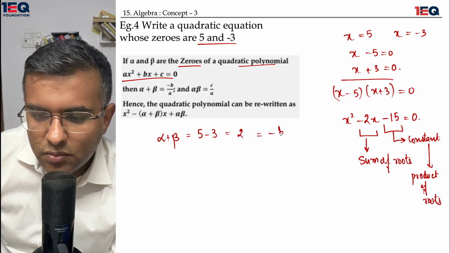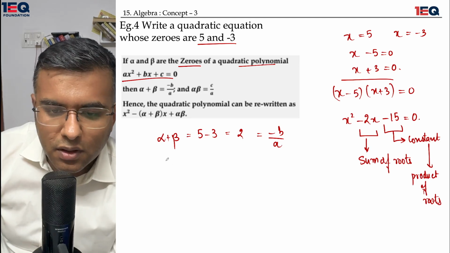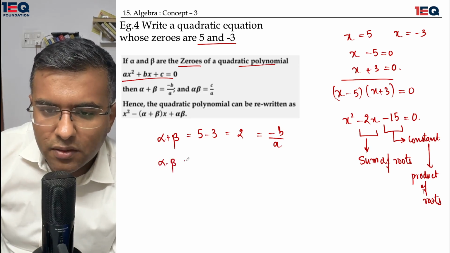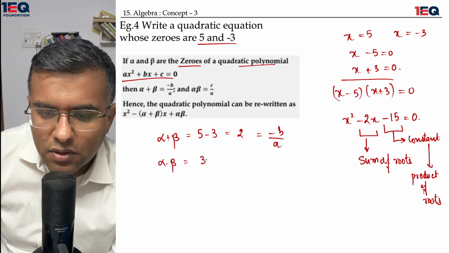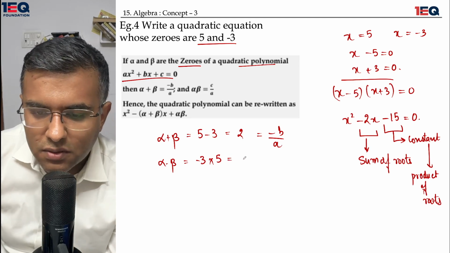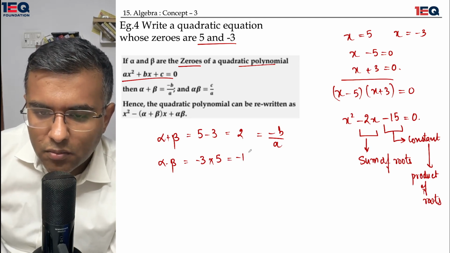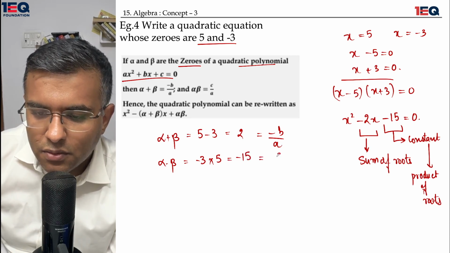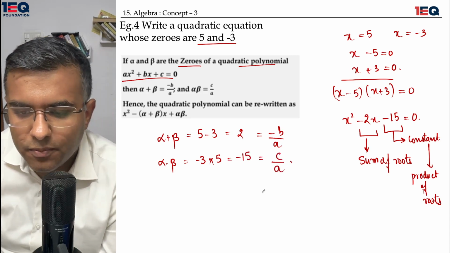This is equal to minus b upon a, and alpha into beta, which is equal to 5 into -3, would come out to be minus 15, which is equal to c upon a.